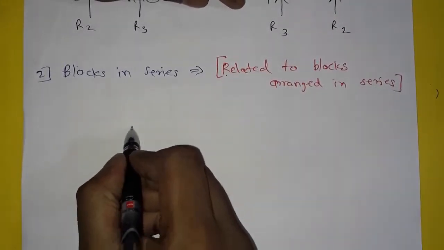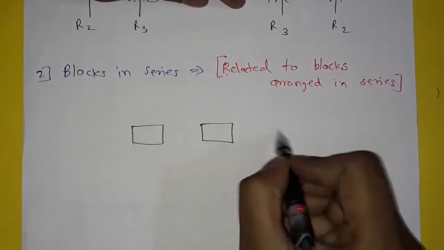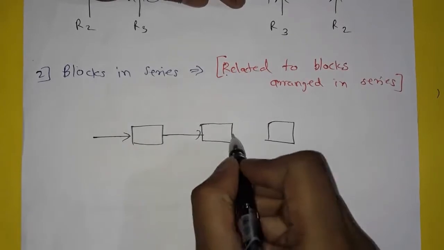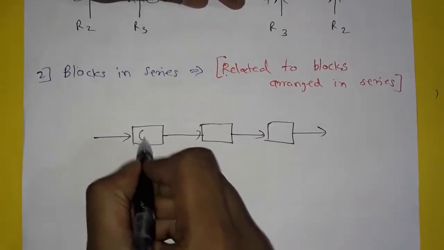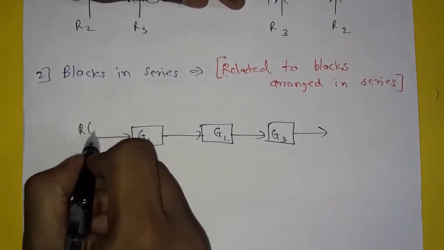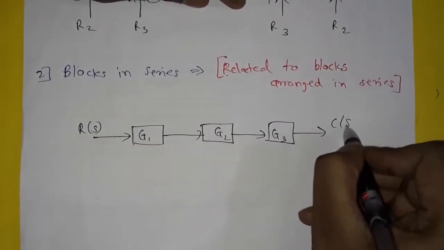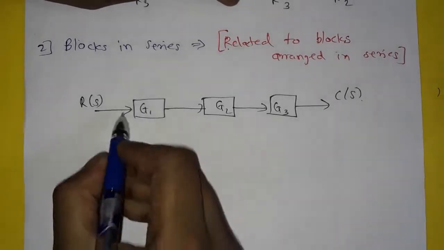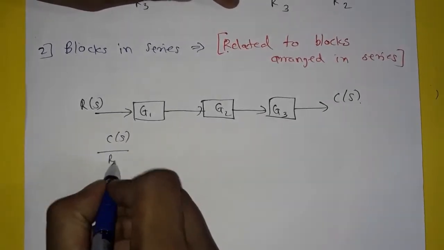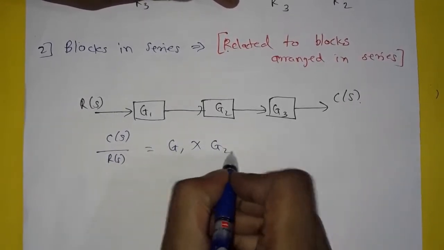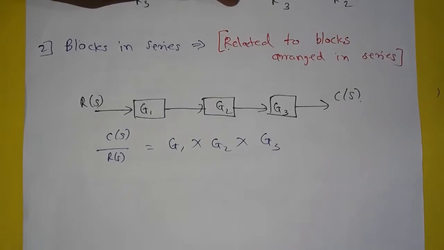Take these three blocks arranged in series. This is G1, G2 and G3. This is R(S) and this is C(S). This gives us C(S) upon R(S) is equal to G1 into G2 into G3.